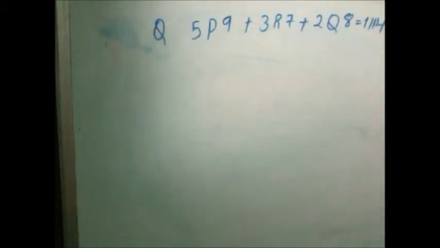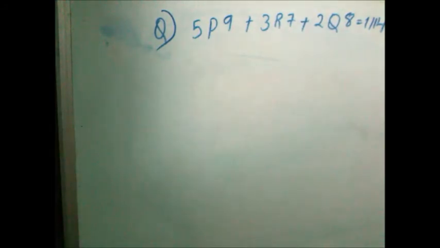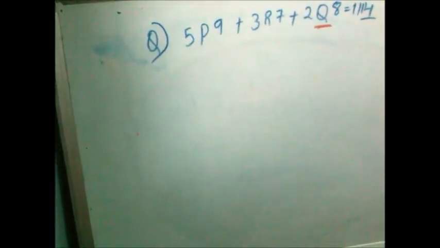So let us discuss a question in this. Solve this. What is it asking? What is the maximum value of Q? He is asking the maximum value of Q. So how will we find out the maximum value of Q?